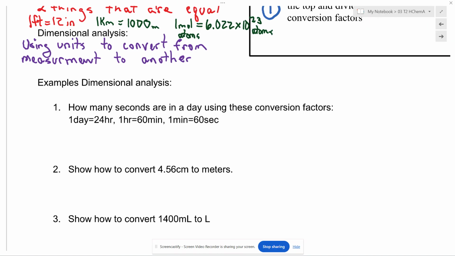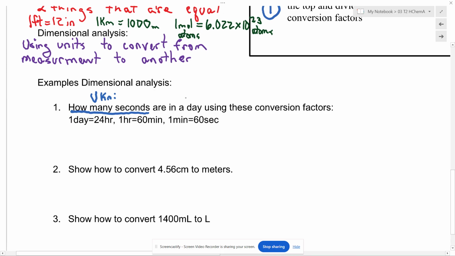This says how many seconds. Now what I'm going to do is underline that and say this is the unknown. This is what I'm looking for: at the end of this question, how many seconds?